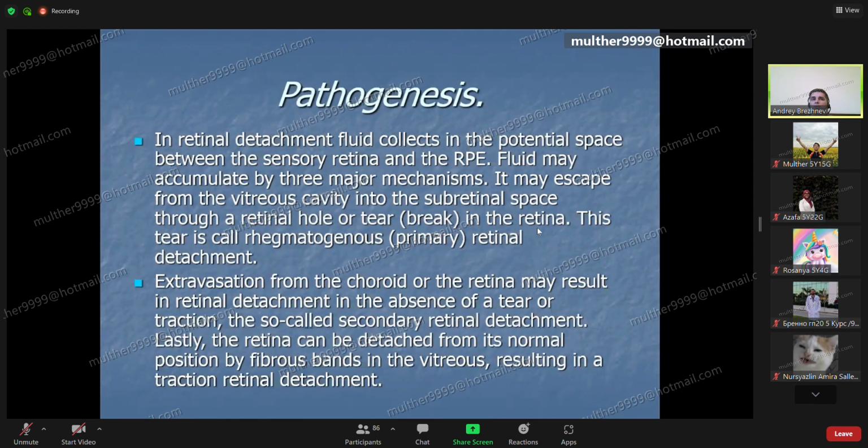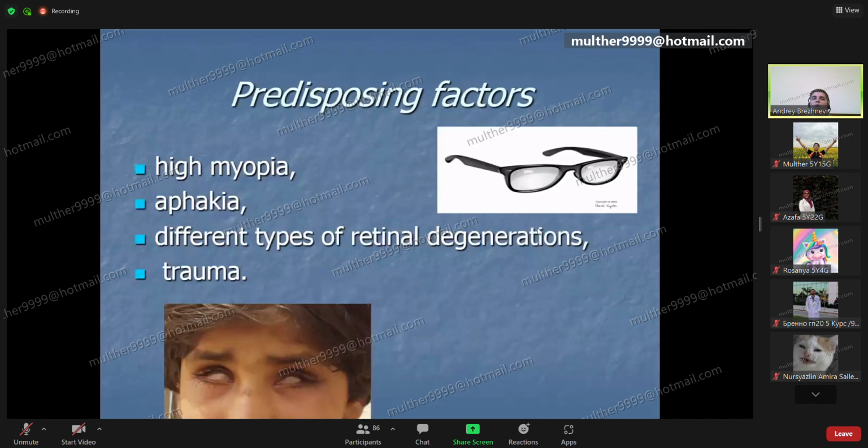Predisposing factors of primary retinal detachment are high myopia, aphakia, which means absence of the crystalline lens in its normal position, maybe congenital or acquired, post-traumatic for example, or after surgery. Different types of retinal degenerations and trauma.